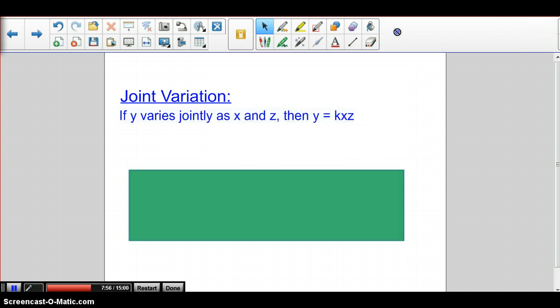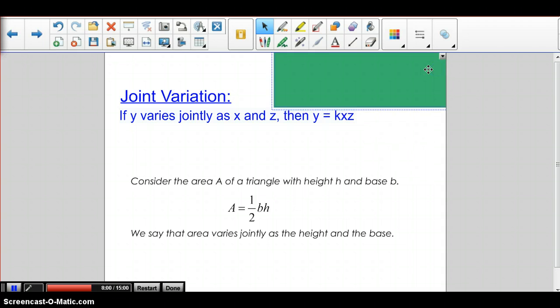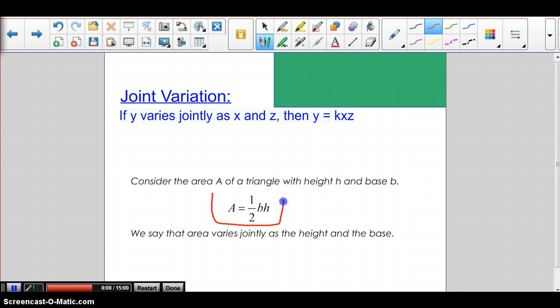So somewhere we've seen something like this. Let's consider the area of a triangle with the height h and base b. And we know this formula. We've seen this before. Area equals 1/2 times the base times height. Well, doesn't this kind of look like what we have up here? We have a value, in this case area, equals 1/2 times base times height.